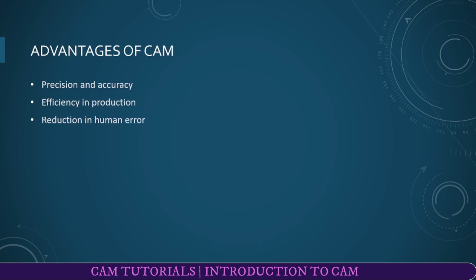Then the advantages of CAM: it provides you more precision and accuracy. For example, if you use a conventional lathe or a milling machine, you can't achieve that precision as in CNC machines, for which you use CAM.